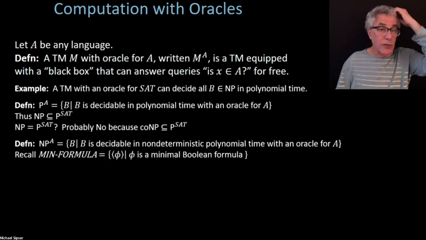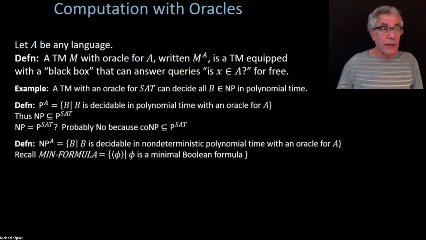So let's do a little bit of a more challenging example, the min formula language, which I hope you remember from your homework. Those are all of the formulas that do not have a shorter equivalent formula. They are minimal. You cannot make a smaller formula that's equivalent, that gives you the same Boolean function.